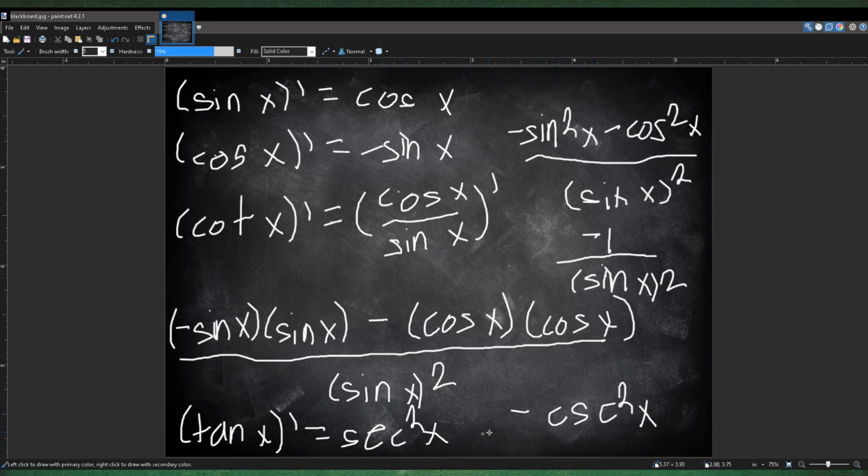You see how they're kind of similar? They have this squared, but one of them has a negative and one doesn't. This one is 1 over cosine, and this is 1 over sine. It's the same idea as for secant of x and cosecant of x. They have these really similar patterns, and that's just because of how the sine of x and cosine of x derivatives work out.